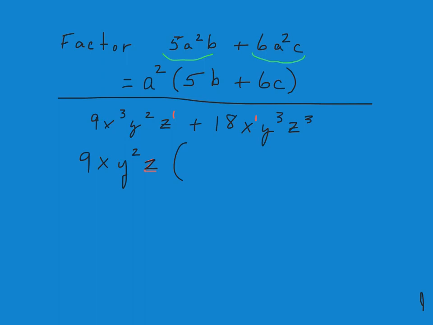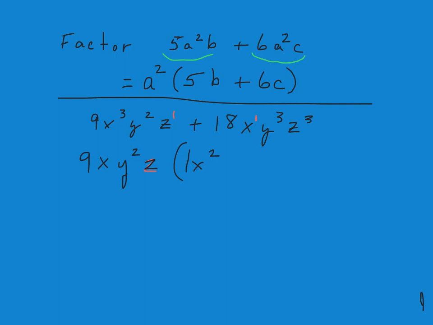So from the first term, we would have x squared, because there were 3 factors of x. We have factored out 1 factor of x, so that leaves 2 factors of x. There is also a 1 left from the 9. If you want to write the 1, that's okay, but it is not necessary.